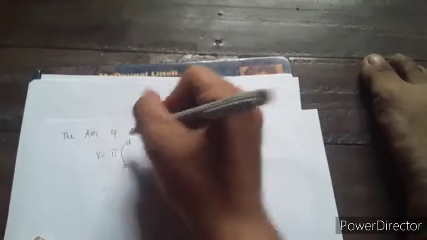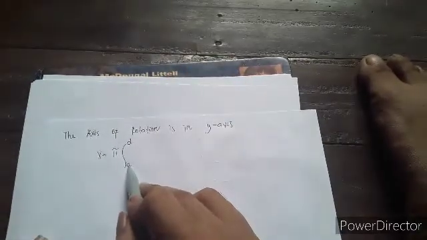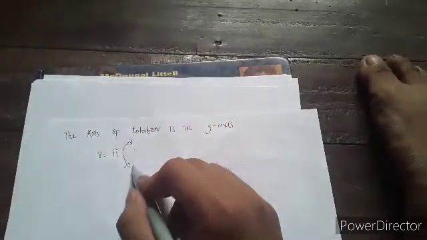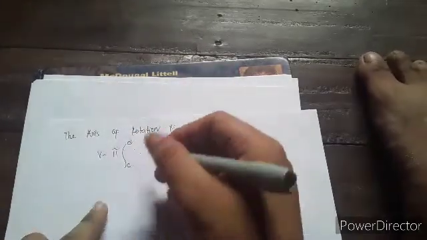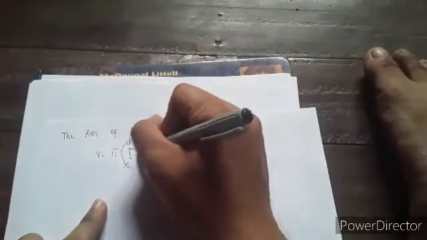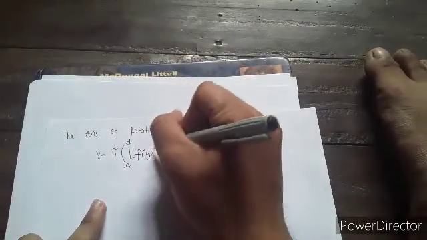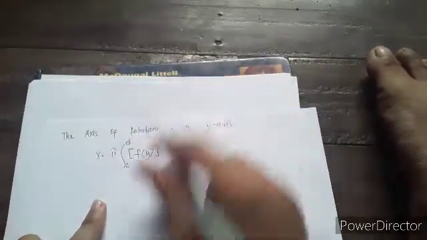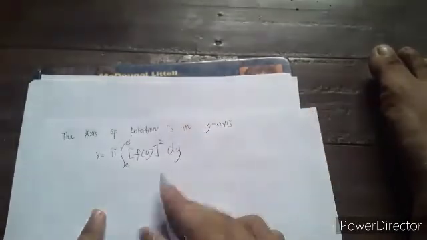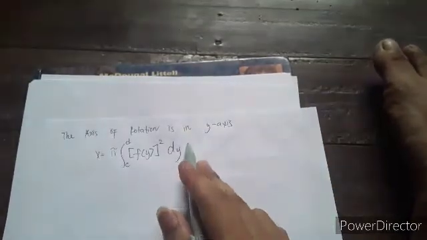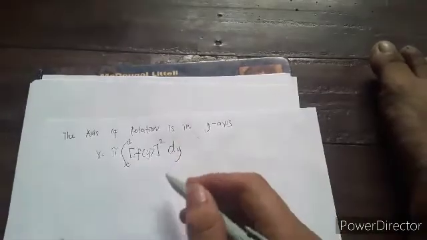So let V equal pi times the integral from c to d. Let's use the variables c and d to represent our limits of integration. And then we have, in terms of y, f of y raised to the second power with respect to y, because the axis of rotation is the y-axis.